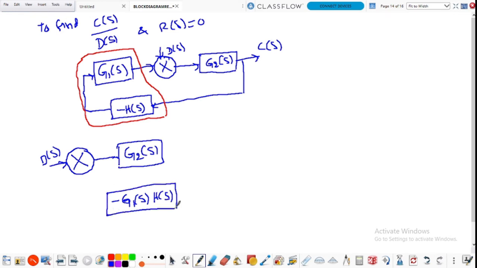So this is connected to another end of the summing point. This is positive feedback. And the output C of S.